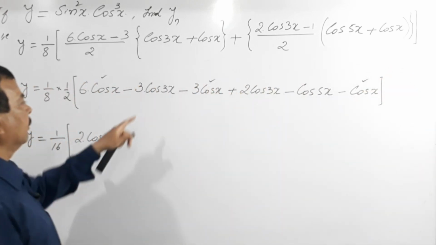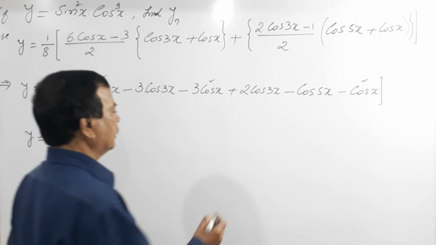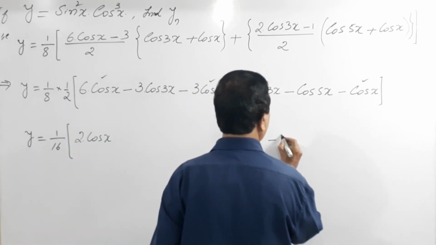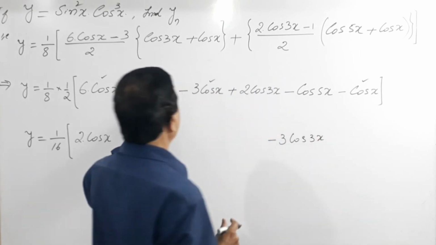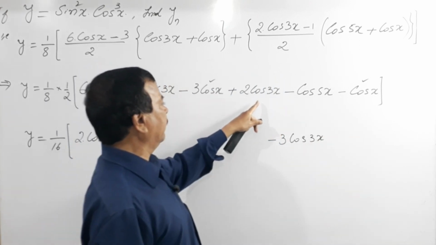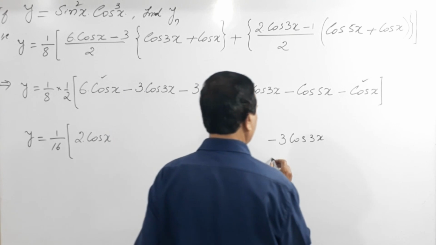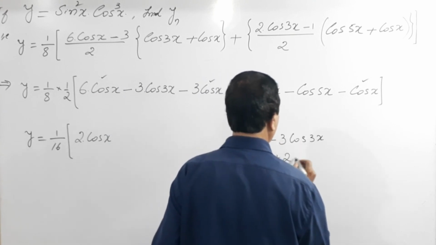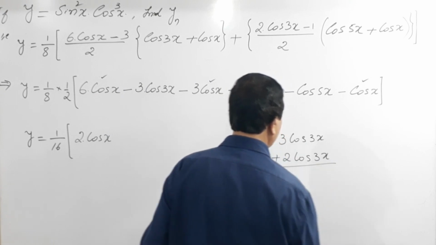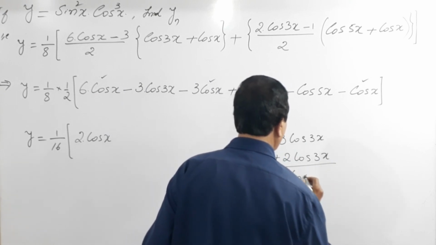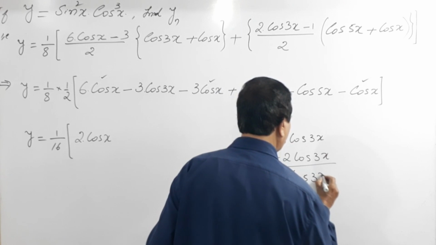Left is what? We have 3 cos x minus 3 cos x. Here we have minus 3 cos 3x minus 3 cos 3x, and here we have plus 2 cos 3x. What happens to this? This is minus cos 3x.